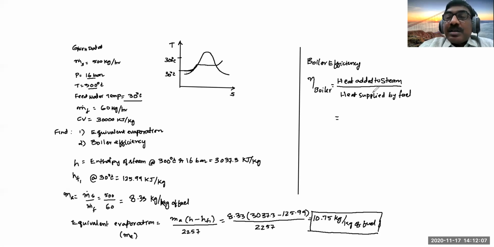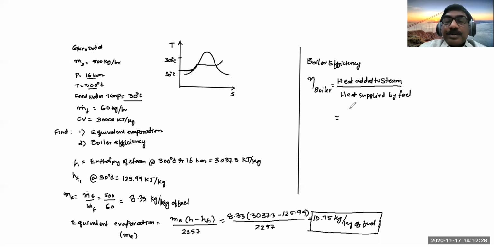So what is the amount of heat added? This is equal to the difference of enthalpies of initial and final states. So 3037.3 minus 125.99. This is per kg of the steam.